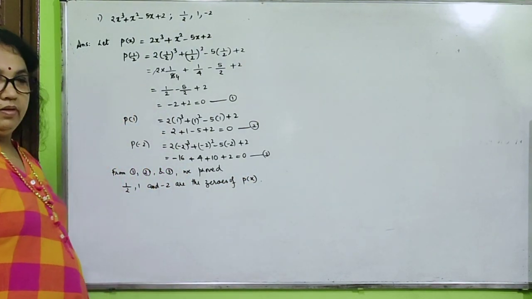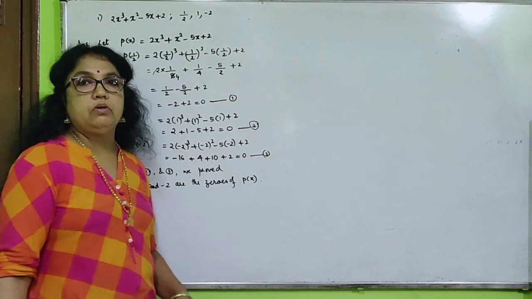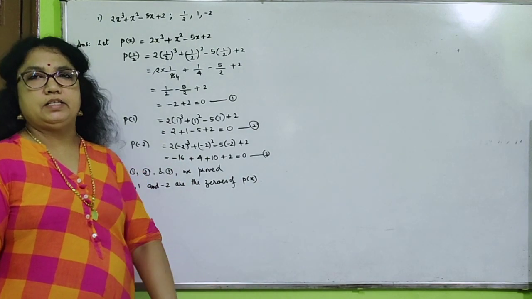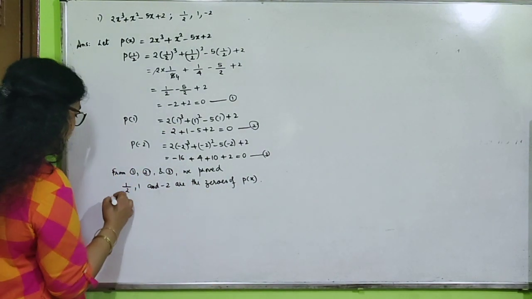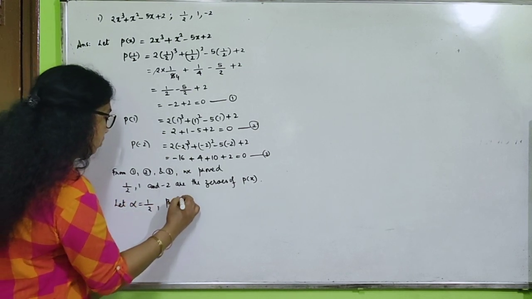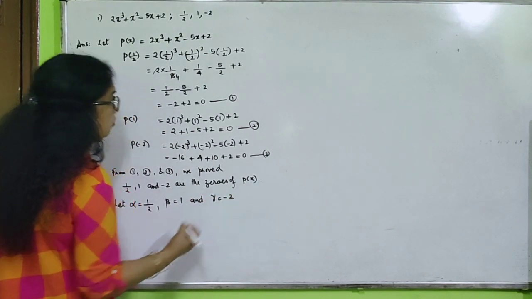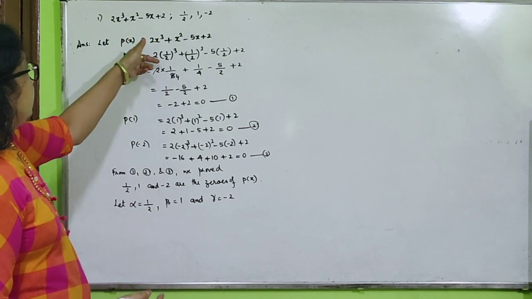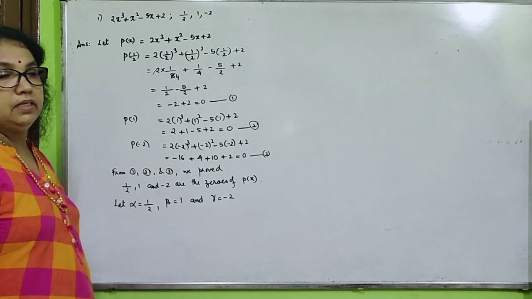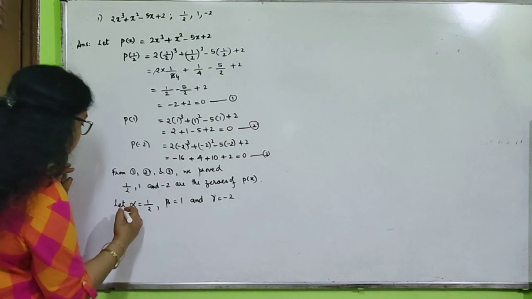Verification we have done. Now next we have to do the verification of coefficients and zeros. For that, take the given values as alpha, beta and gamma. So let alpha equal half, beta equal 1 and gamma equal minus 2. And comparing this p of x, we need the a, b, c values also, for minus b by a, c by a, minus d by a and so on. So we need the coefficients.